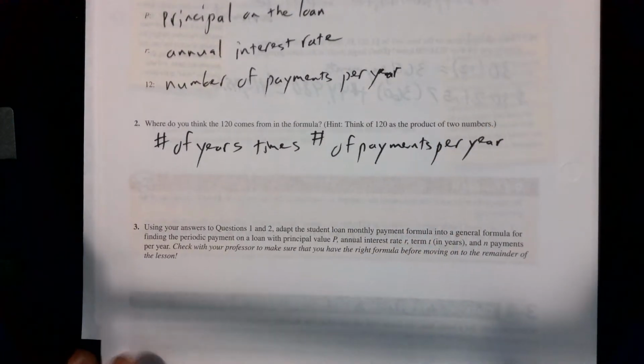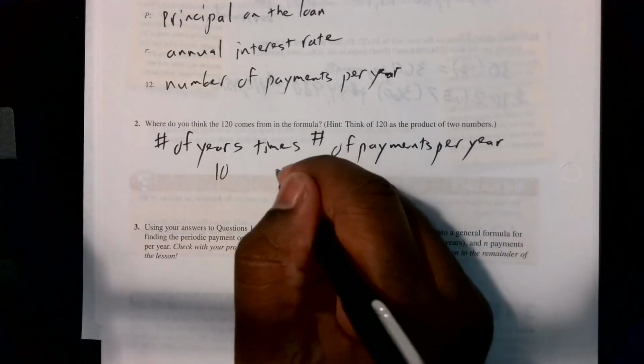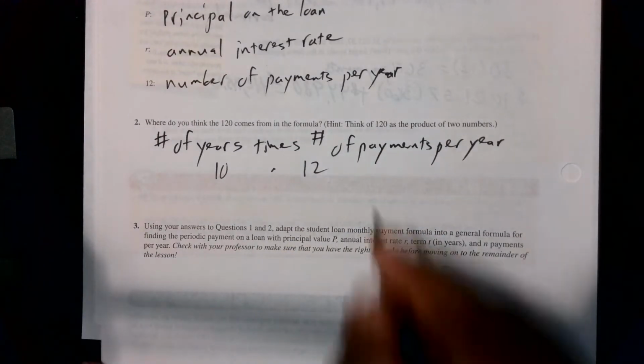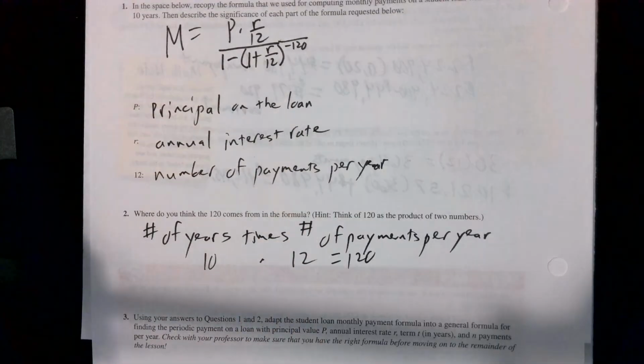So remember, student loans are typically 10 years, so the number of years would be 10 times the number of payments. You pay 12 times a year, so that'll be 120. But the formula calls for it to be negative.